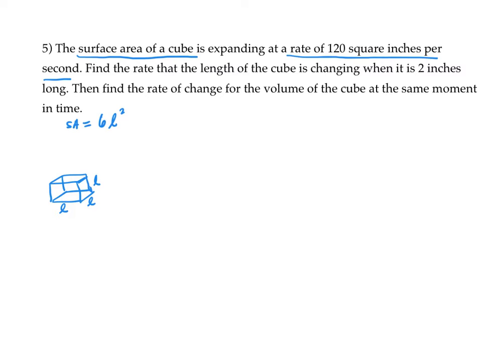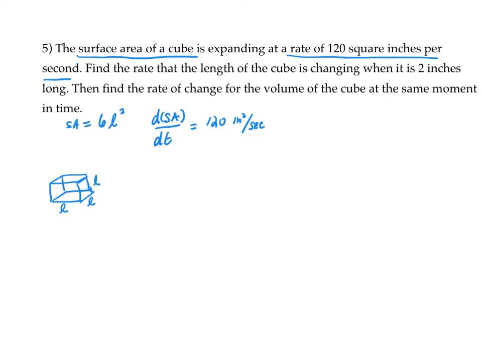All right, so it tells us that the surface area is changing at a rate of 120 square inches per second. So dSA/dt, the rate of change of the surface area with respect to time, is increasing, so it's positive 120 inches squared per second.